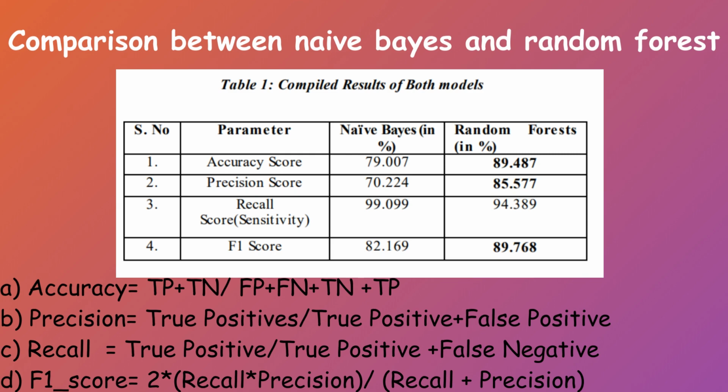Recall. It's the ratio of correctly predicted outcomes to all predictions. F1 score. It combines these metrics into one metric that ranges from 0 to 1 and takes into account both precision and recall.